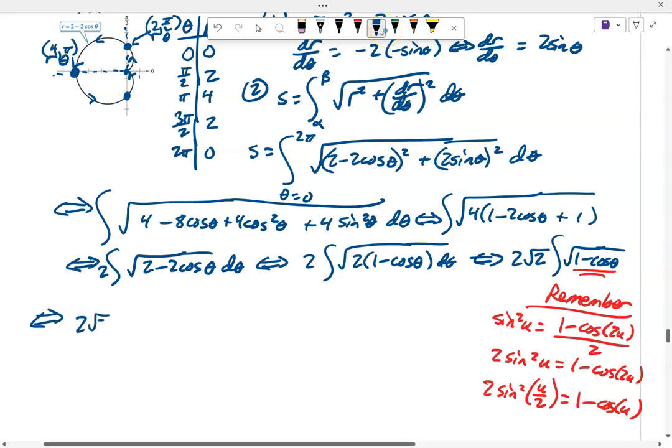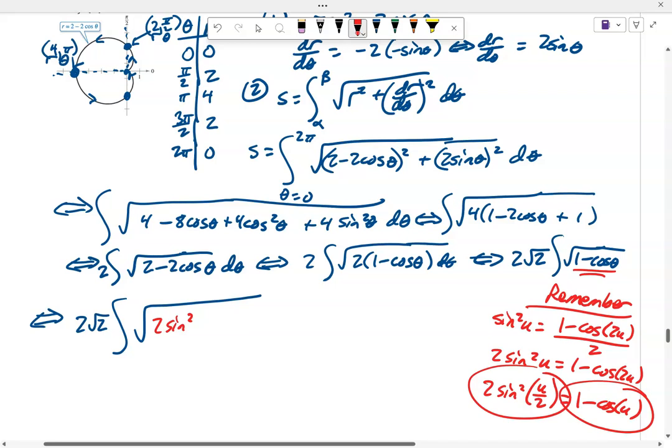We've got 2 root 2 and the integral of the square root, and that 1 minus cosine theta becomes 2 sine squared theta over 2. So I've got another square root of 2 I can pull out front.